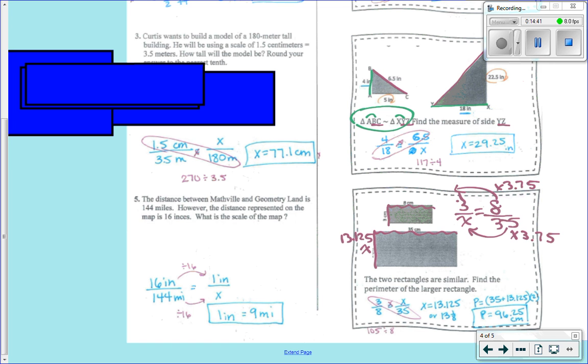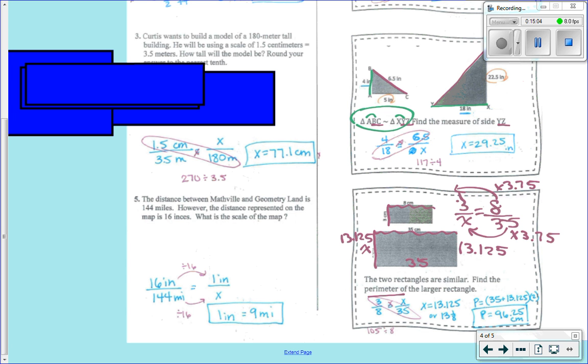Well, and we want the perimeter, so we need to add up all the sides. If this side is 35, 35 plus 35 is 70, right? And then 70 plus those 2 sides. Okay, and that will give us the perimeter. Perimeter is adding up your side lengths on any figure, okay?